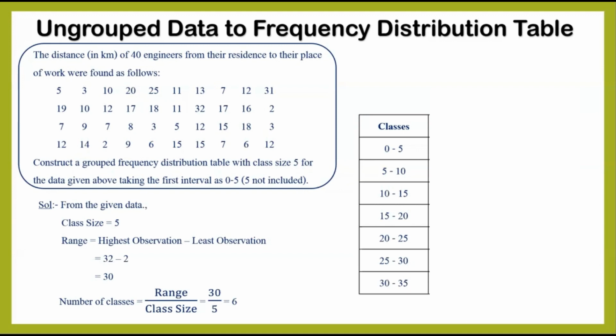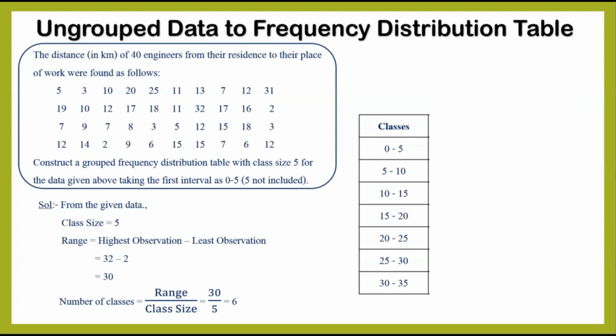But here, if you see, we need even 7 classes. The reason is that the number of classes, based on the data, sometimes has to be a minimum of 6 or even more. The number of classes formula gives us an approximate value, the minimum we have to take, but not the maximum.